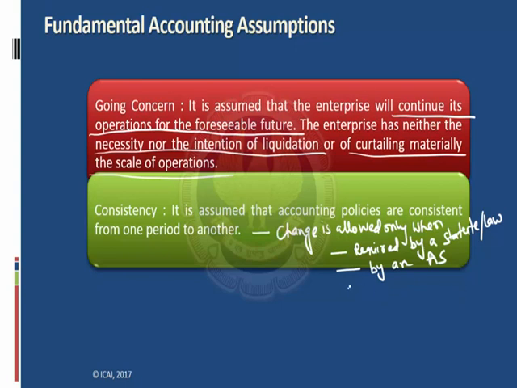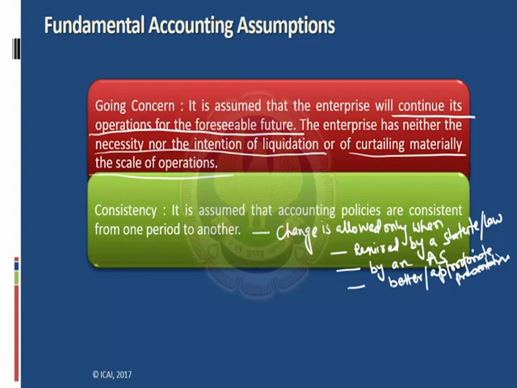The third criterion is for the sake of better or more appropriate presentation. So in the last year, according to the size and operation of the entity, the policy which the entity used last year is viable and okay for its financials.